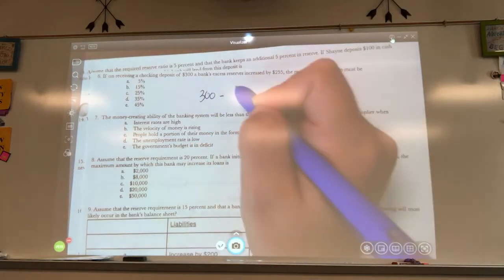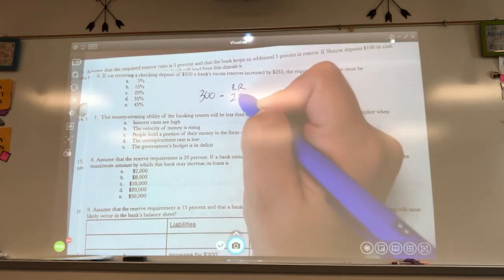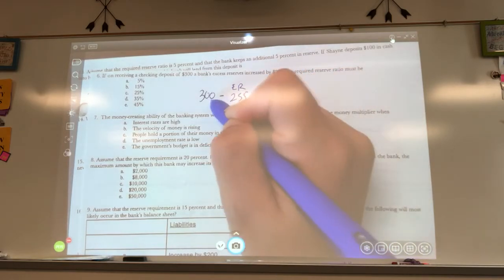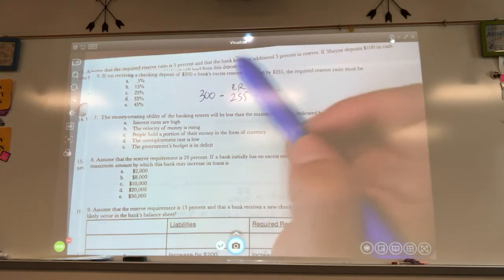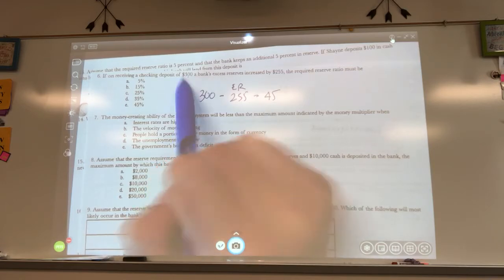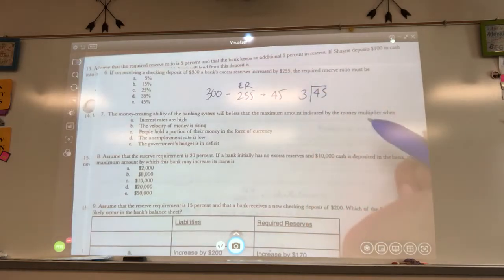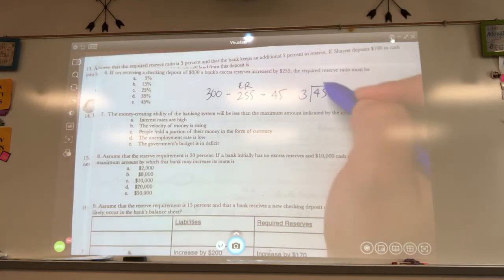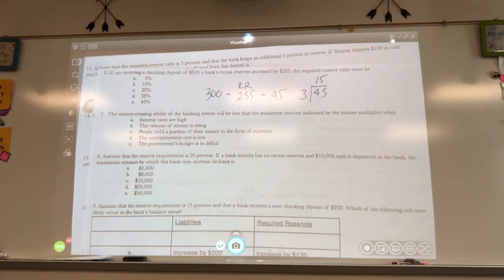How much is my excess reserves? 255. What is 300 minus 255? 45. How many times does 100 fit into 300? So I'm going to take 45 divided by 3. What is that going to give me? 15. So what is my reserve requirement? 15%.